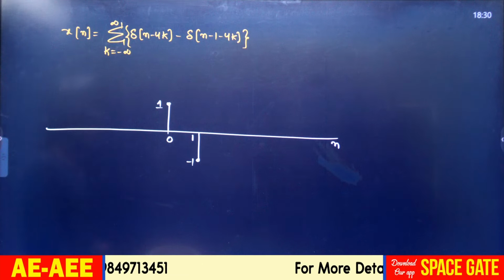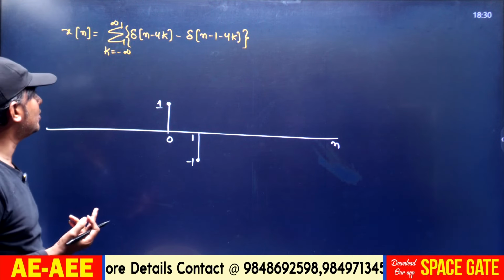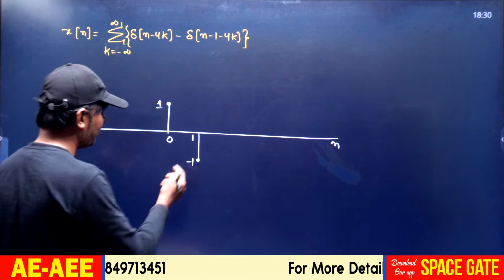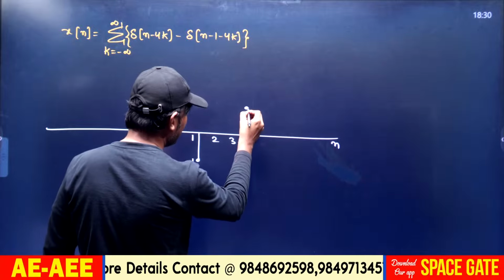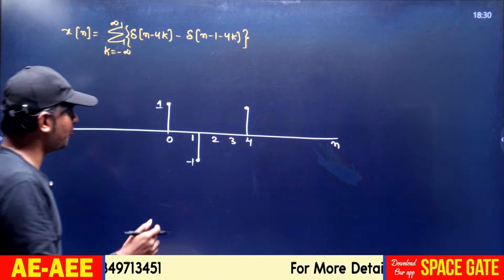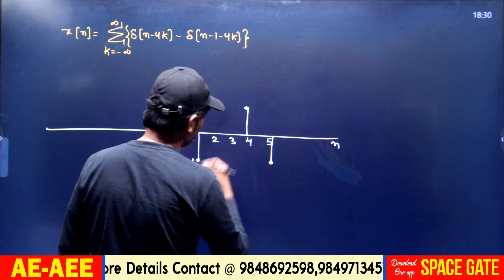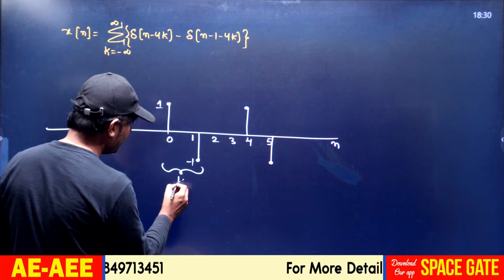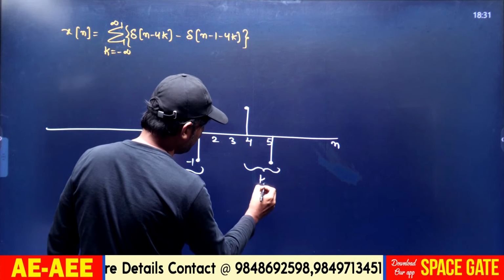Now substitute k is equal to 1. What are you going to get? Del of n minus 4 minus del of n minus 5. Del of n minus 4 is the delayed version of del of n by 4 units, minus del of n minus 5. Minus del of n minus 5 means it will look like this. So this is for k is equal to 0, and this is for k is equal to 1.